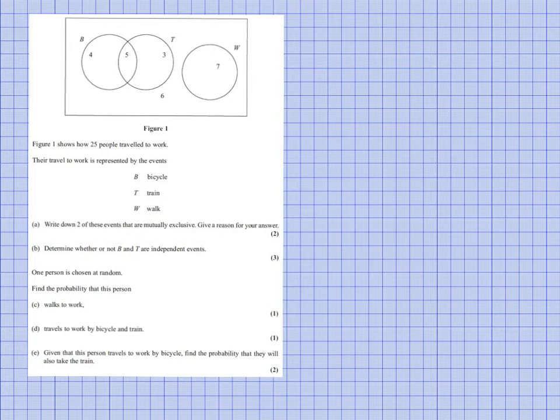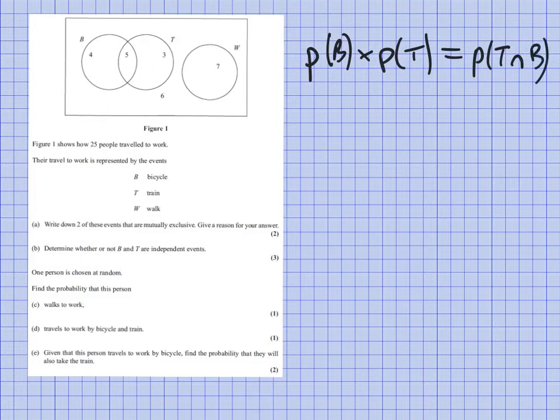So, to work out if B and T are independent, we need to recognise whether the probability of B times the probability of T is equal to the probability of T and B. Okay, working this out, the probability of B is equal to 9 over 25. There are 9 people who bicycle out of 25 altogether.